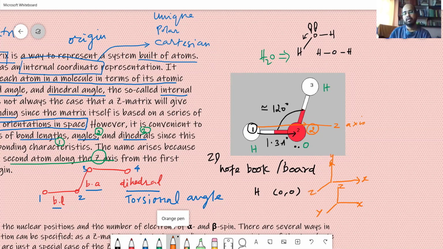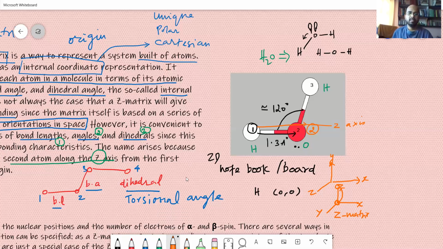But whatever, because it was initiated from a non-Indian country, to describe the first atom in the X-axis, to describe the second atom, you take the support of a second axis called the Z-axis. Therefore, you call it the Z matrix.